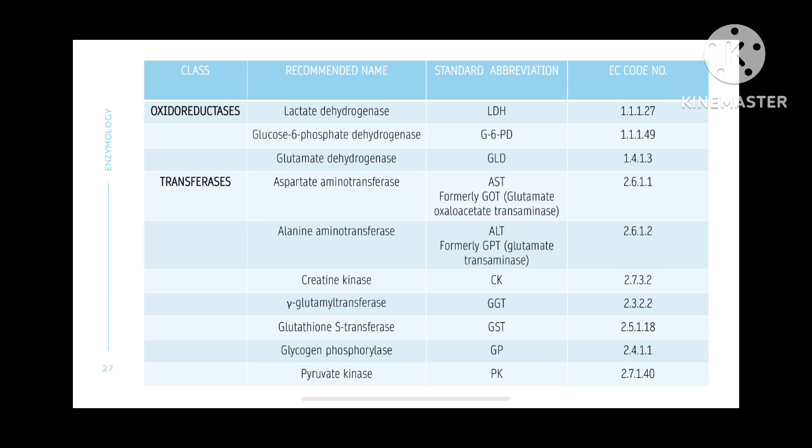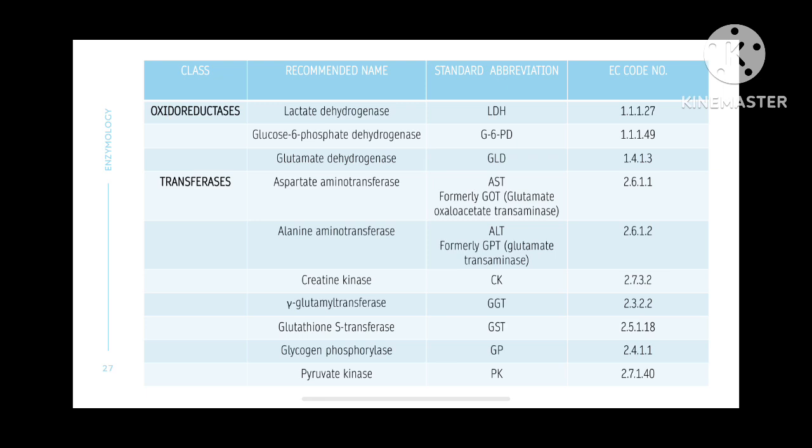The next slide is the classification of frequently quantitated enzymes. Together with this, you can see which enzymes are part of each of the six classes of enzymes, their recommended name, their standard abbreviation, as well as their enzyme commission number.